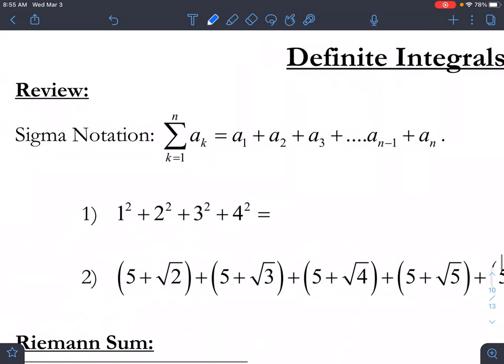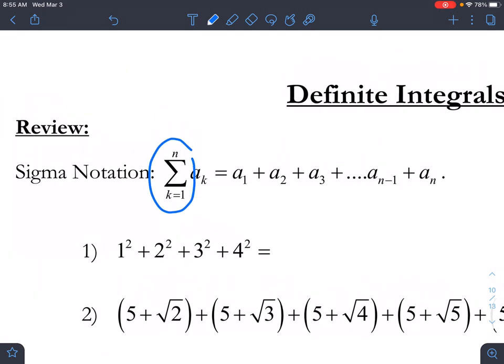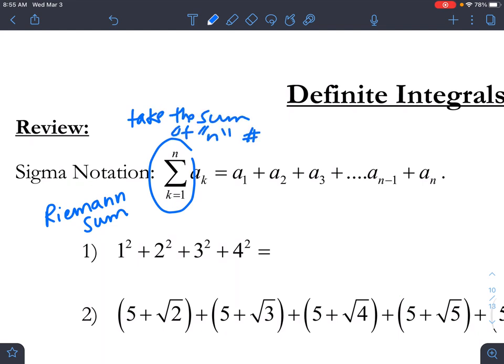So in a general sense, sigma from 1 to n, if you kind of remember, this is a Riemann sum, and you're basically taking the sum of n number of terms. So from 1 to n, that's what you would plug in.